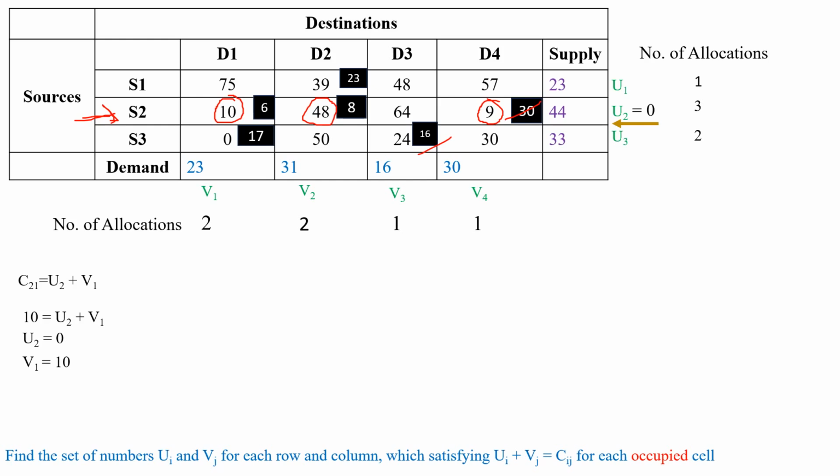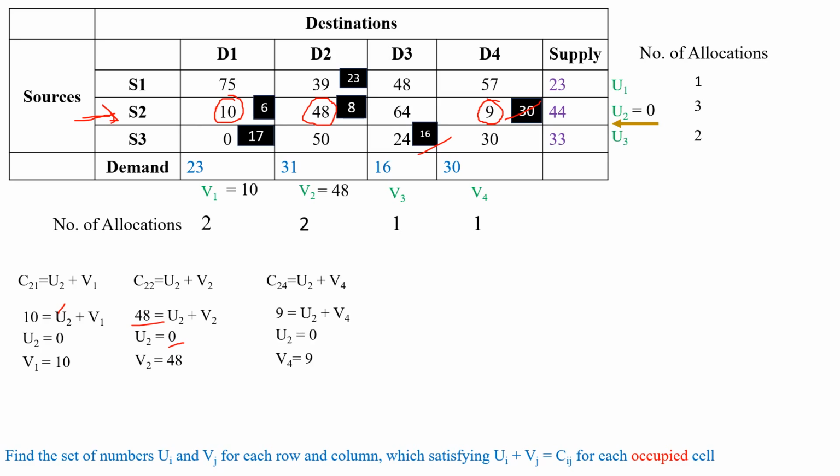We know the U2 value, then we will get V1 equal to 10. Next C22 equal to U2 plus V2. We know U2 equal to 0 and C22 is 48, then V2 value is 48. Next one is C24. C24 equal to U2 plus V4, then V4 equal to 9.